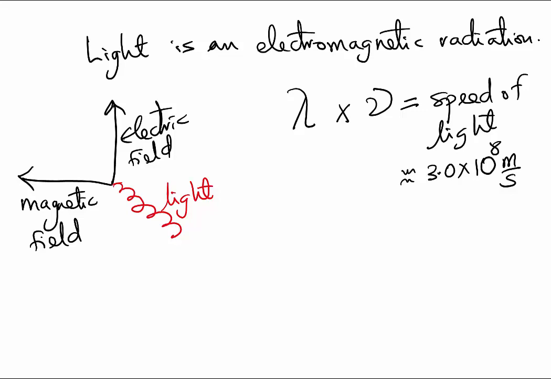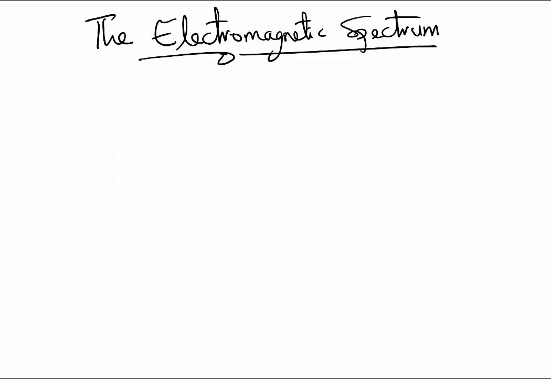Let us now dig a little deeper into the relationship between the wavelength and frequency of light. This relationship is captured properly by the electromagnetic spectrum. What does that mean? If you have the interaction between the electric field and the magnetic field in such a way that the wave generated is well spaced out, the distance between the crests or the troughs are very far apart.